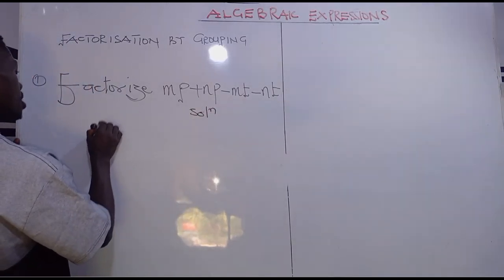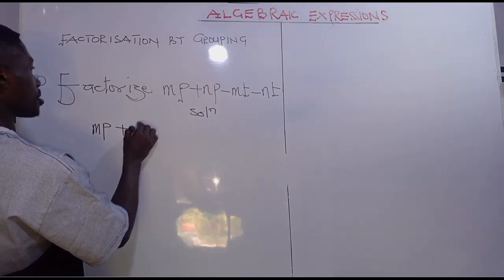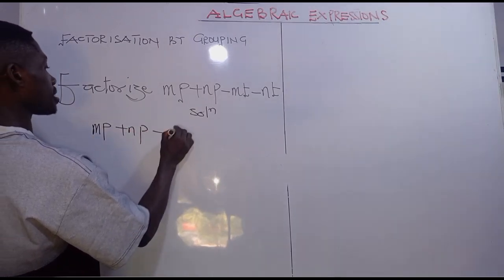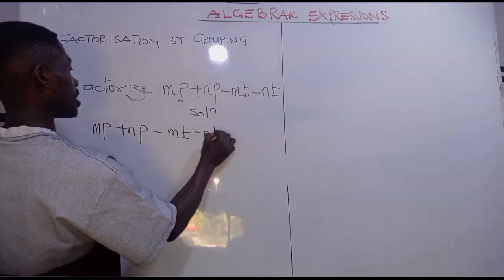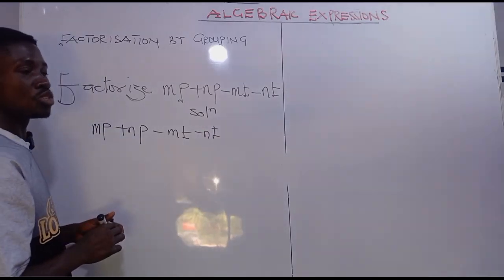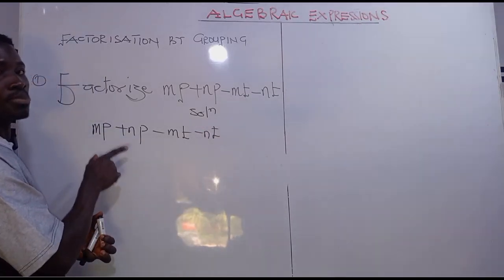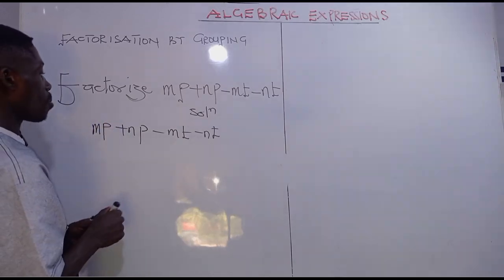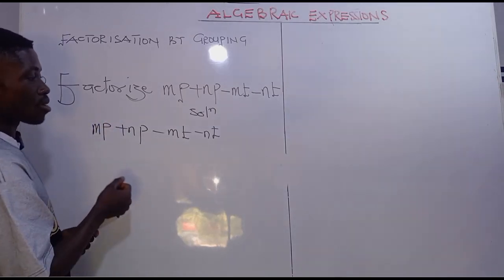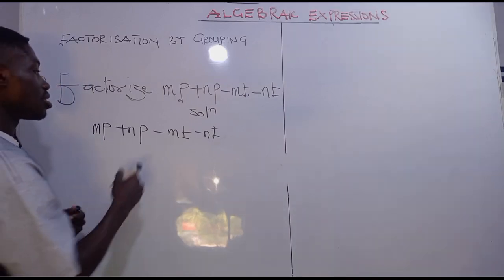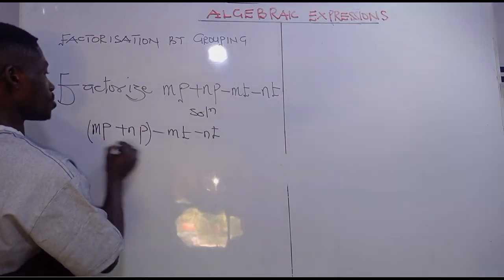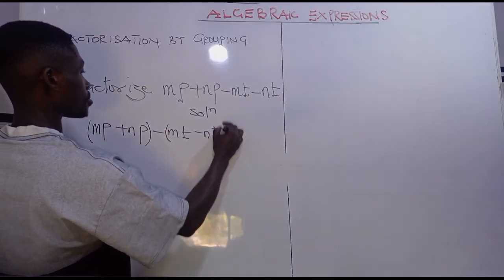So we have MP plus NP minus MT and then NT. So we are first going to group the terms such that each pair can have a common variable. So we have P and P, we can group, we have T and T, we can group them. So we have the groupings. Good.